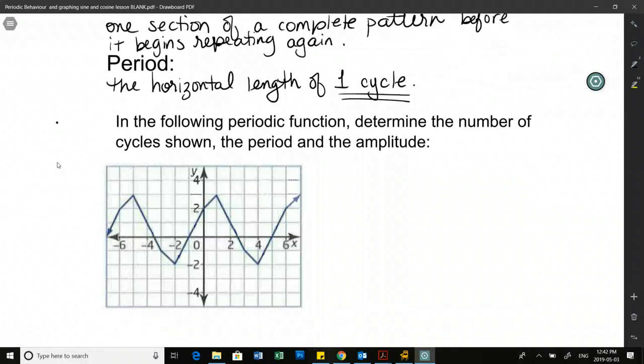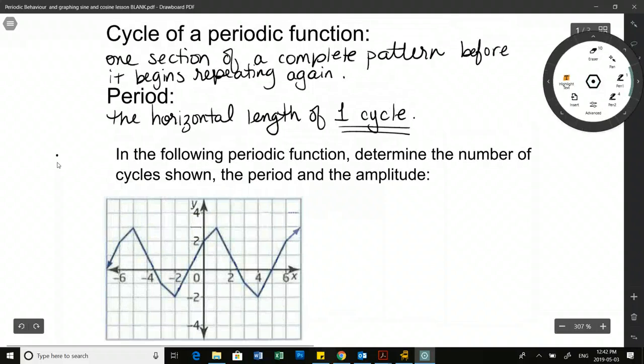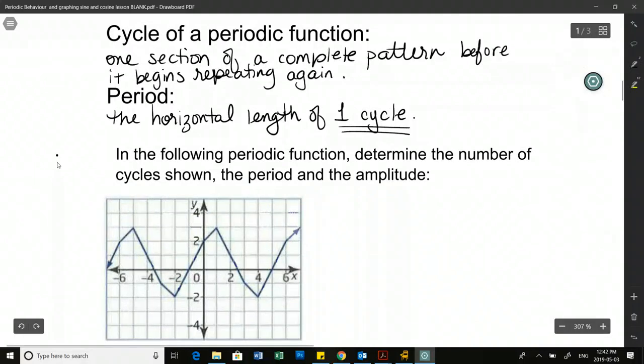Okay, so again, these are a little bit easier to actually show you visually than they are to explain. But let's say I just start over at the very left over here. We can trace along and see that our graph doesn't start repeating its pattern until this point right here. Does everybody see that? So after that point, the pattern is now repeating again.